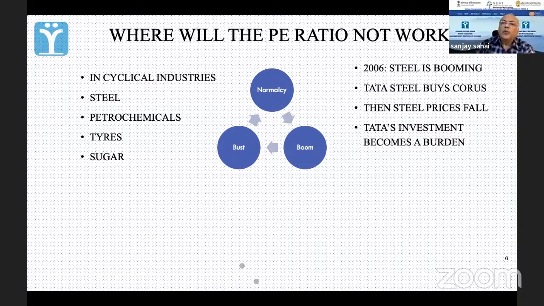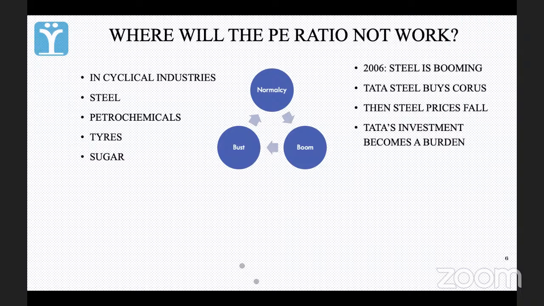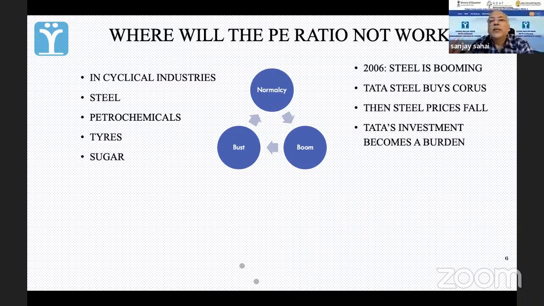So as I make more profit, people will feel that this particular company is doing very well because it is right now being able to sell a lot of its product, which is steel, at a very high price. Therefore, this company is doing so well, let's buy the shares of this company. And so there will be a demand. And as more and more people begin to buy the shares of this steel company, the share prices will go up very high. This going very high is referred to as a boom.